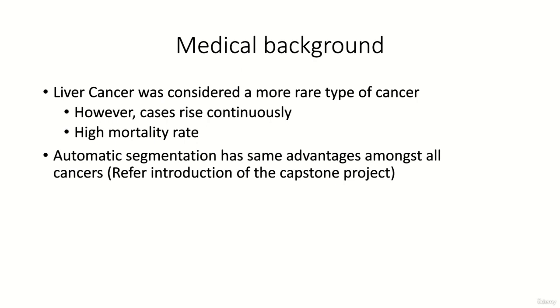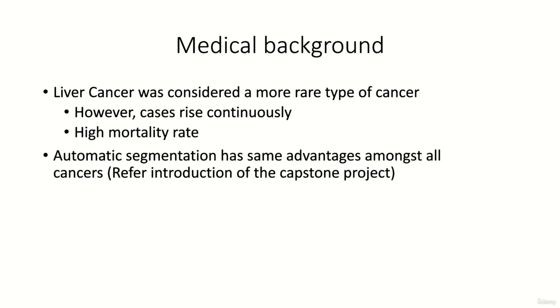As usual, let's quickly discuss the medical background. Liver cancer was originally considered a more rare type of cancer. However, case numbers are continuously rising. Second to that, liver cancer is one of the cancers with the highest mortality rate.